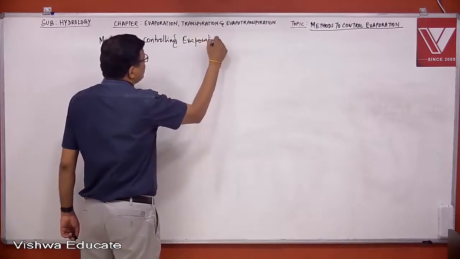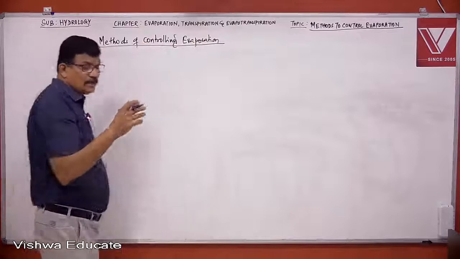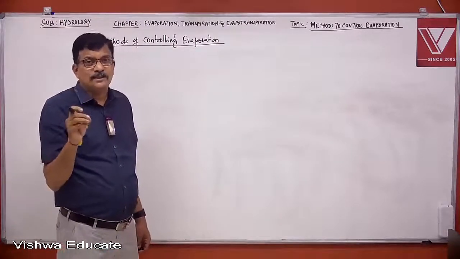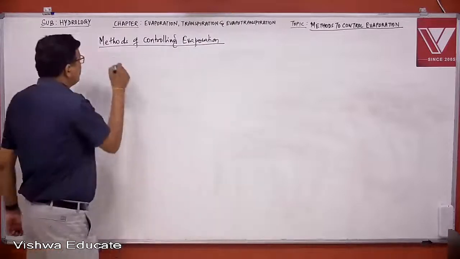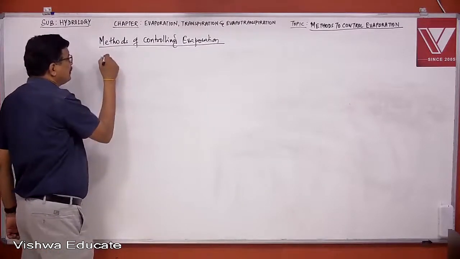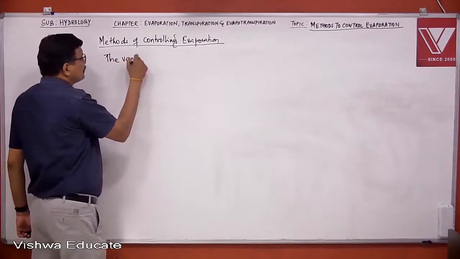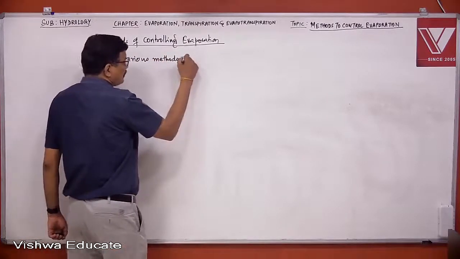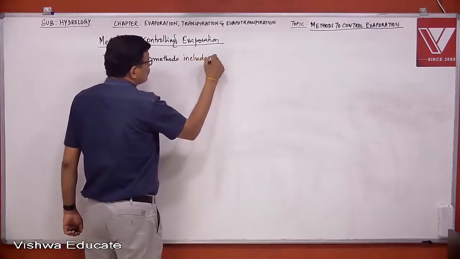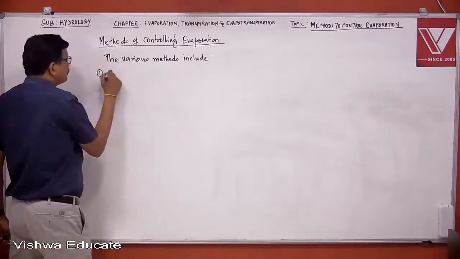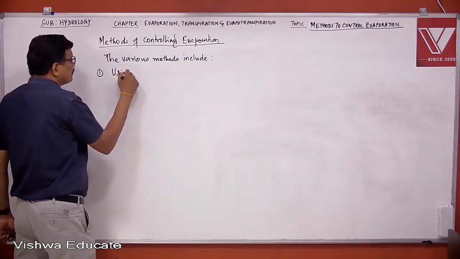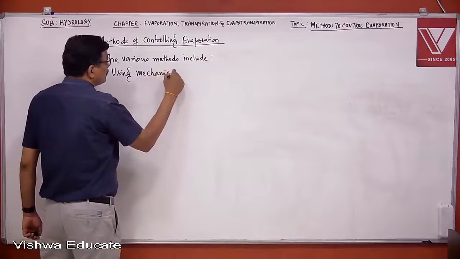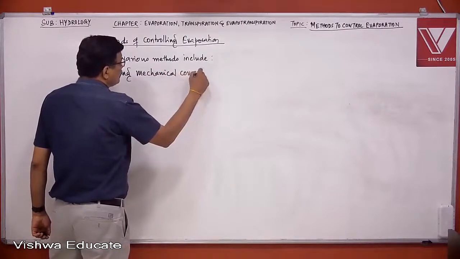Controlling, basically, in the right terms means reduce the losses. The first method, or you can say the various methods, include: number one, using mechanical covers.